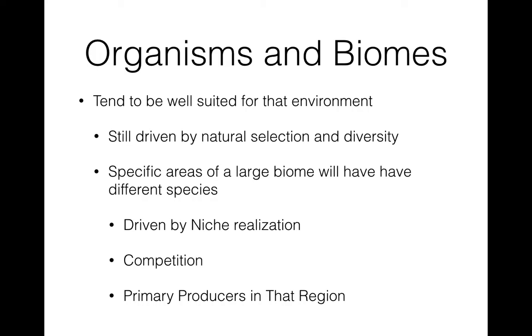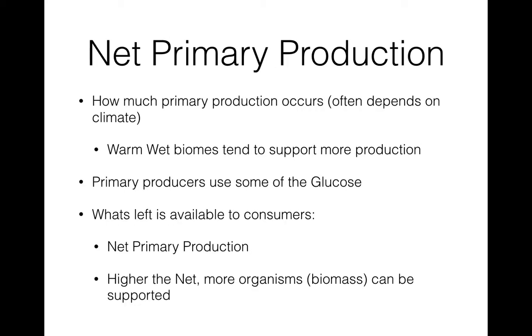Specific areas of a large biome will have different species, and that's driven by niche realization. So an organism will be adapted to fill a particular job in a biome. That's driven by competition, of course, and ultimately it's supported by the number and the amount of primary producers in that region.